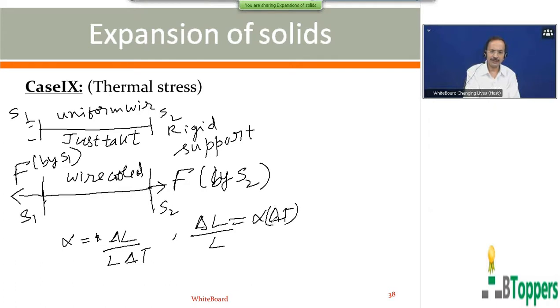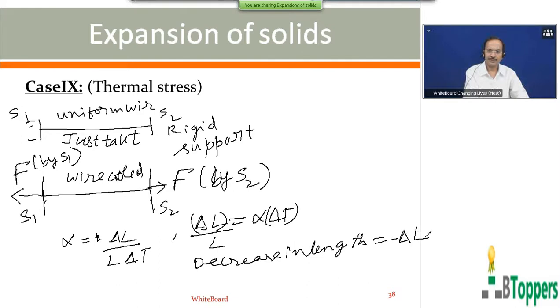So if delta T is negative, delta L is also negative. When temperature decreases, change in temperature is negative, then change in length is also negative. So therefore, there is a decrease in the length of the wire when temperature decreases. I mean, if the wire is allowed to contract, it is minus delta L. That will be minus L alpha delta T. Delta T is the change in temperature, meaning final temperature minus original temperature.